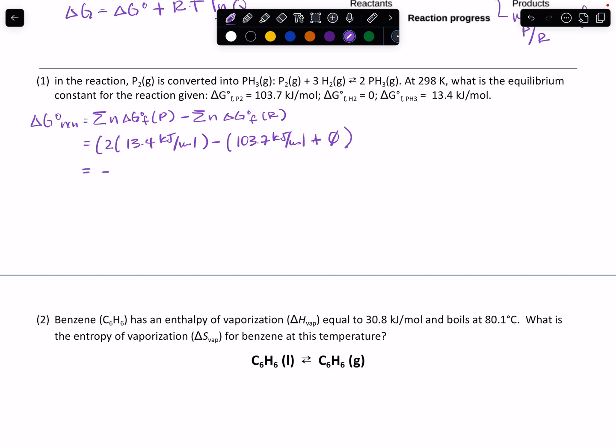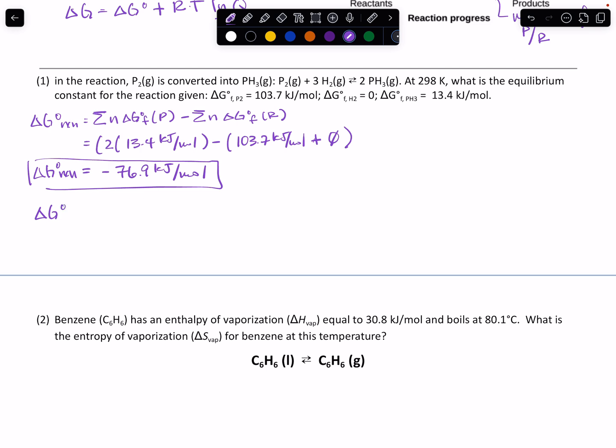All right, so we get a negative 76.9 kilojoules per mole for our free energy value for the reaction. As you can see, we have a negative delta G value. So that means that the forward reaction is favorable. All right, well, let's see if our K value holds up.